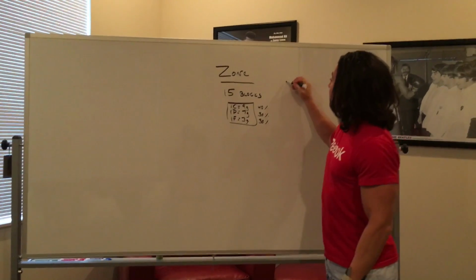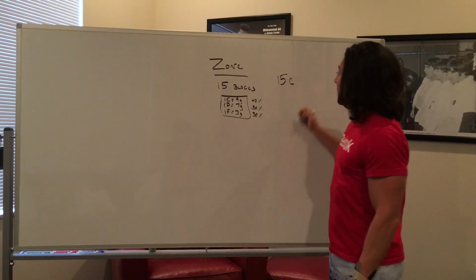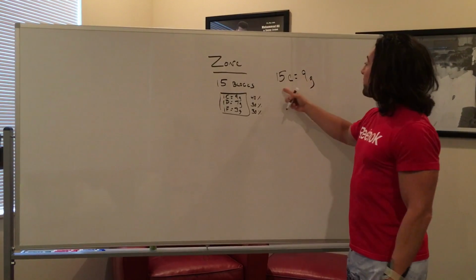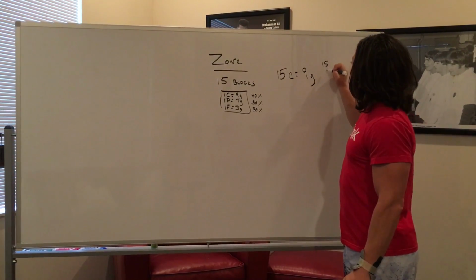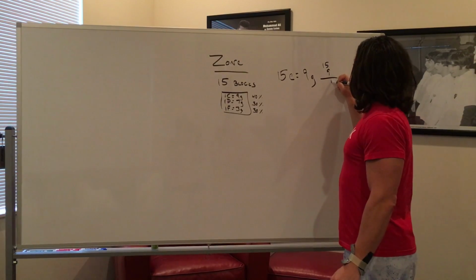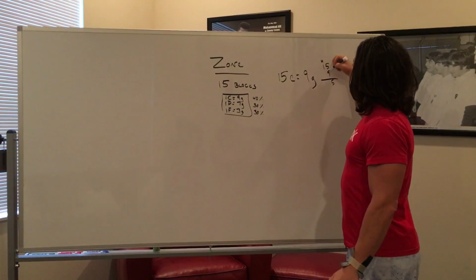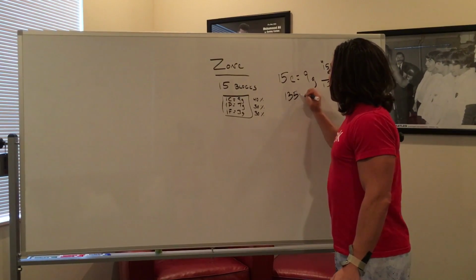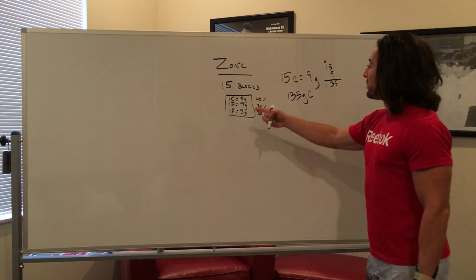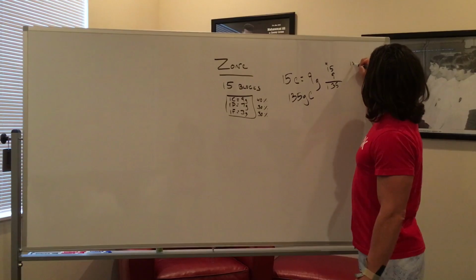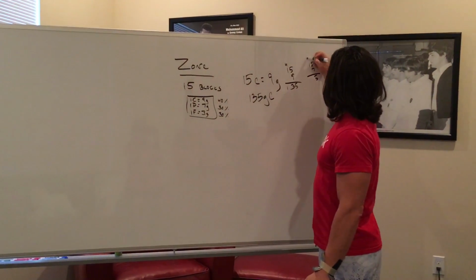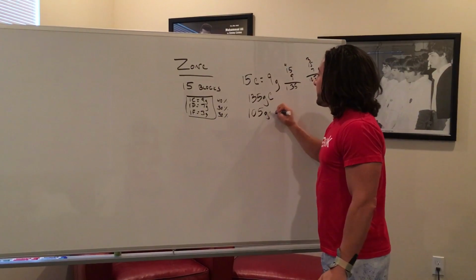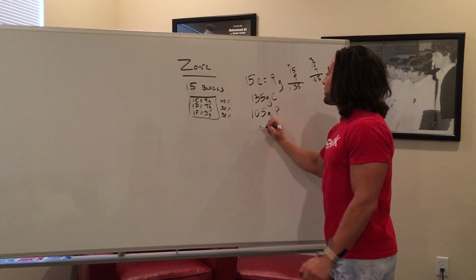If we have 15 carb blocks over the course of the day, and we know that there's 9 grams per block, if we do some simple math here, 15 times 9 is 135 grams of carbs. We'll do the same for protein, so 15 times 7 is 105 grams of protein, and then we'll do the same for fat, which will be 45.